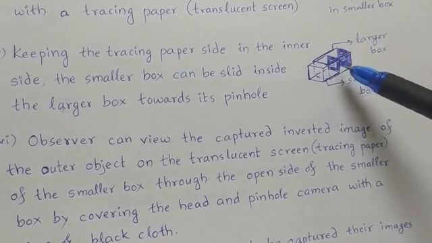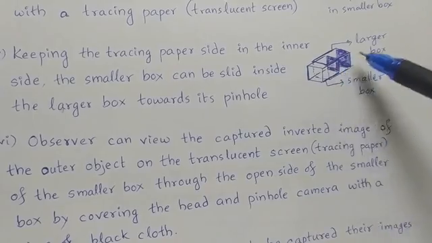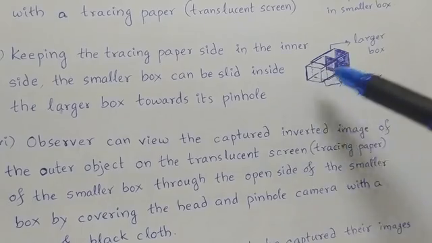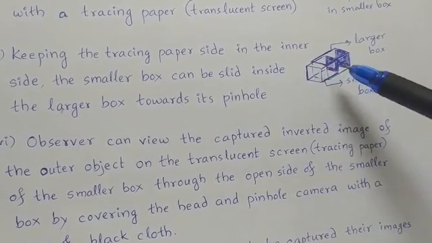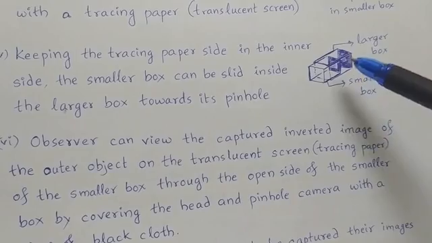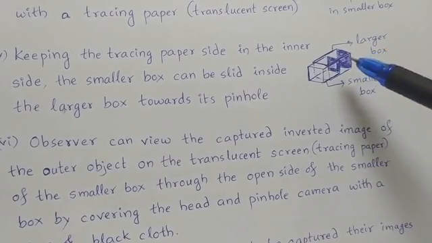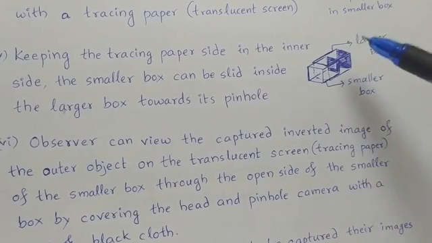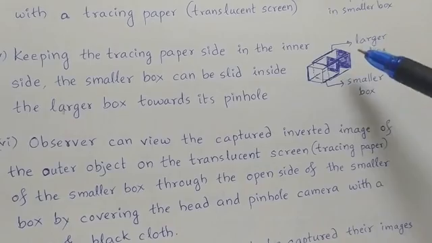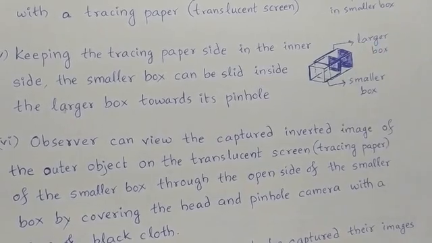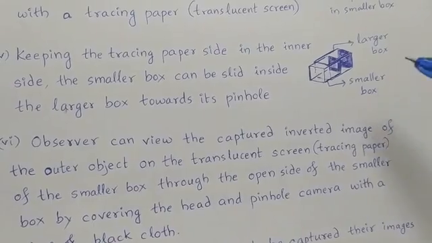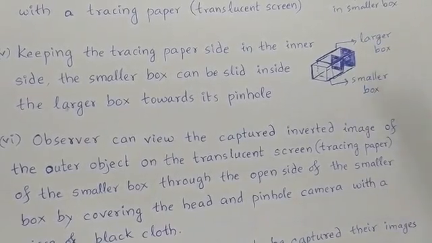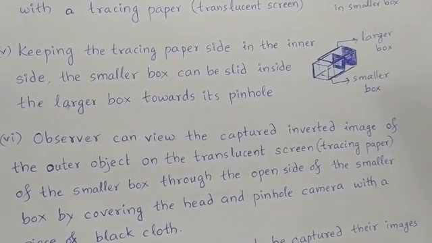This tracing paper side you are keeping on the inner side, and the open side you are keeping on the outer side. Okay, now once this setup is ready, the pinhole camera is ready.